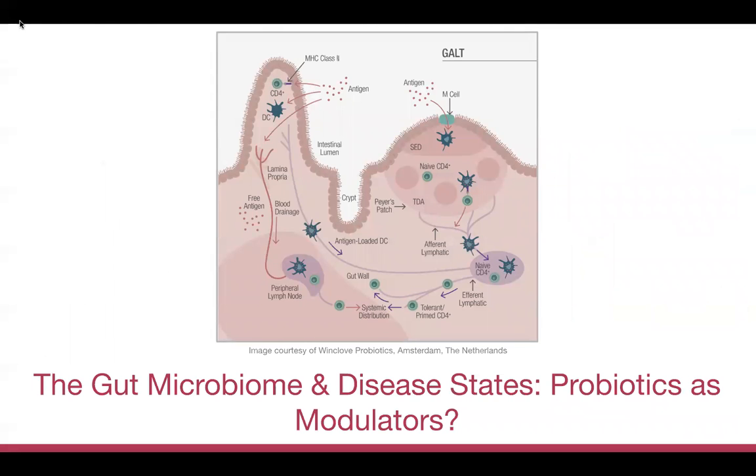We are going to now focus more on clinical aspects of some of the material that we have been discussing in the sections above, starting with the consideration of probiotics as modulators. So remember again that there is this in tandem development of and ongoing lifelong dance between the gut microbiome and the immune system.